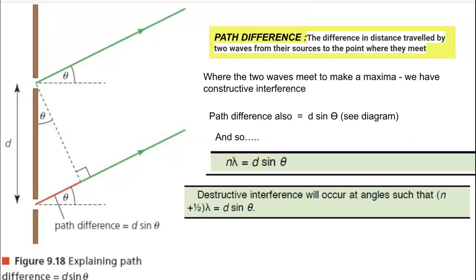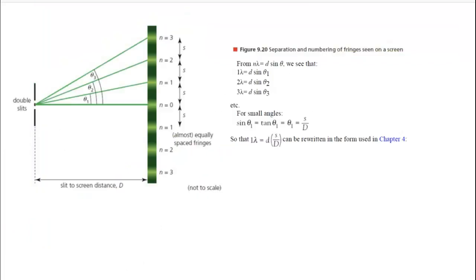But we're using an assumption based on the fact that the angle theta is basically the angle from the horizontal, from the zero order maximum to the first order maximum.